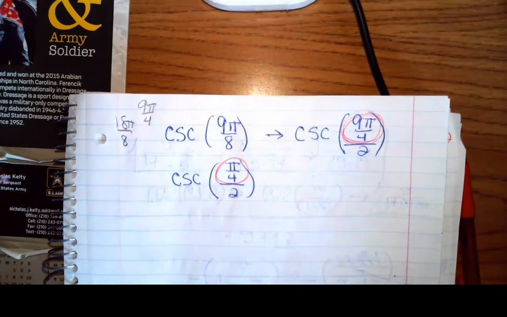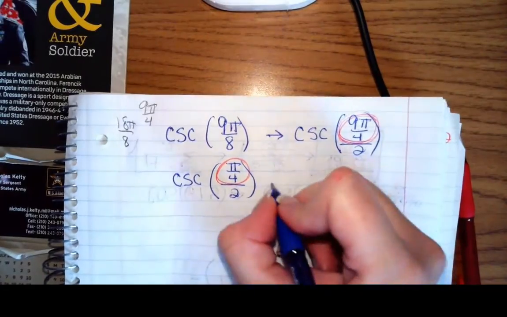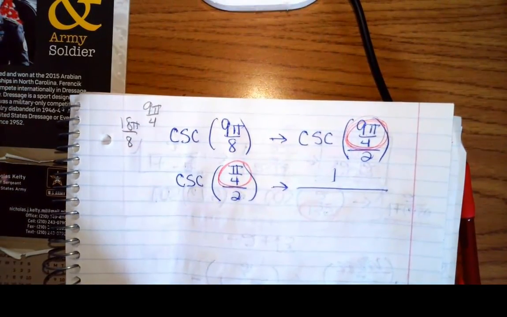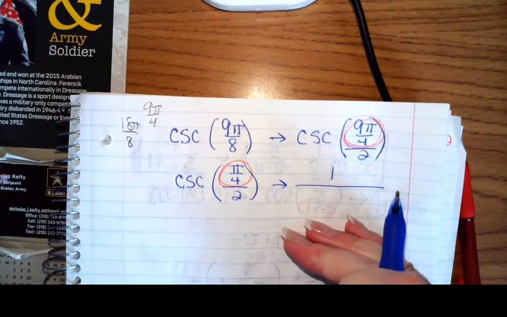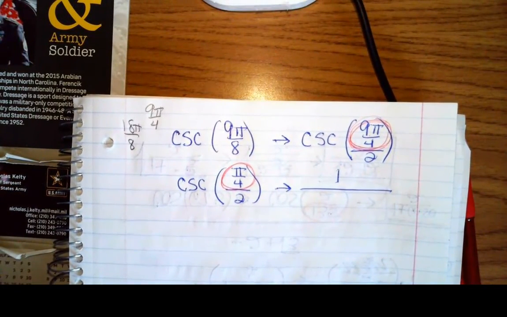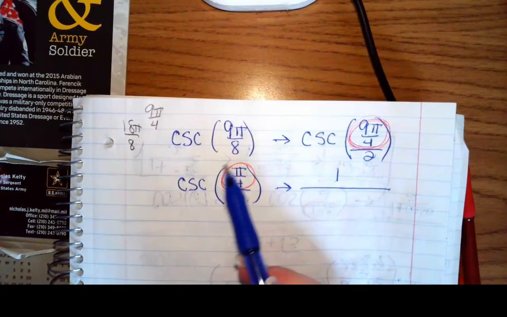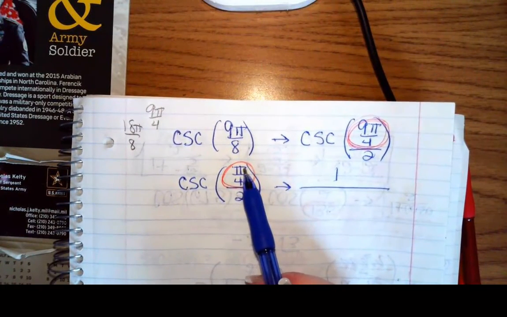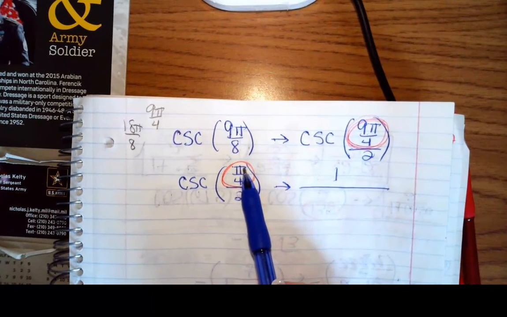So again, I don't have a formula for this thing, but what I do know is cosecant is the reciprocal of sine. So I'm going to do 1 over and then apply my sine formula. So for the sine of a half angle, I'm in quadrant 1, and sine is positive in quadrant 1.